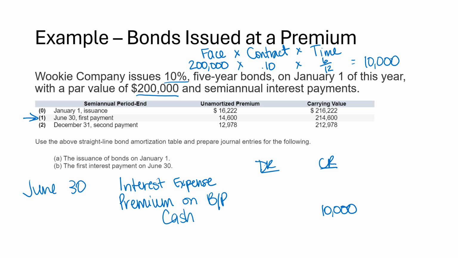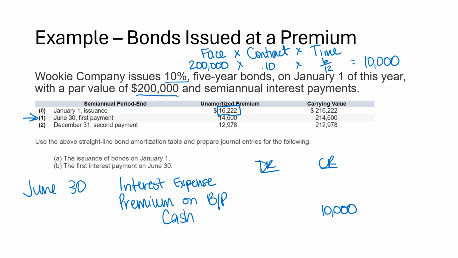Now we have to figure out the amount of the premium that will be amortized every 6 months. With this table here, I mentioned that something very similar we worked through in the discount problems. In looking at our unamortized premium starting out, it is $16,222.